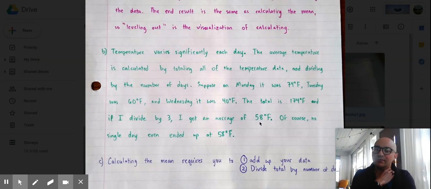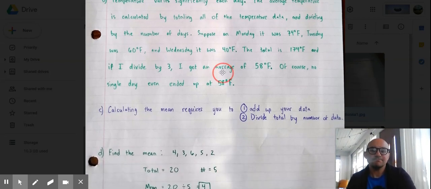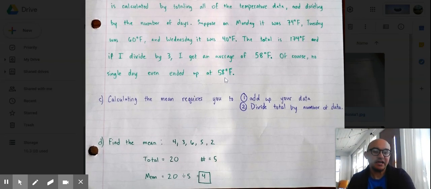So the average temperature for those 3 days is 58 degrees, even though no single day ended up at 58. So the average does not have to be equal to some number in your data set. It's a way for you to understand the concept of average and how it relates to the values in your data set.